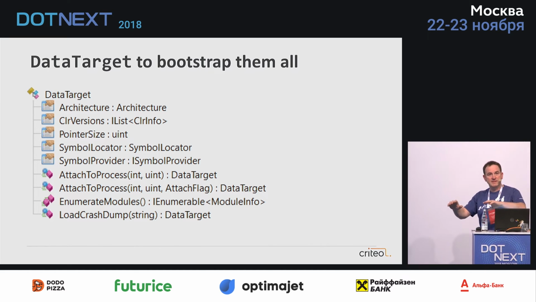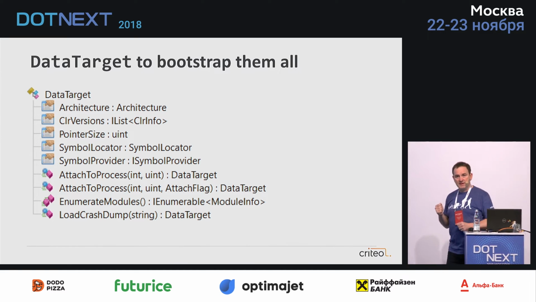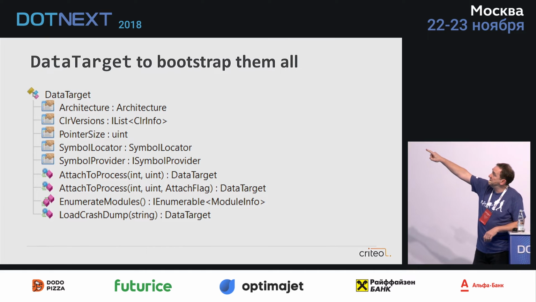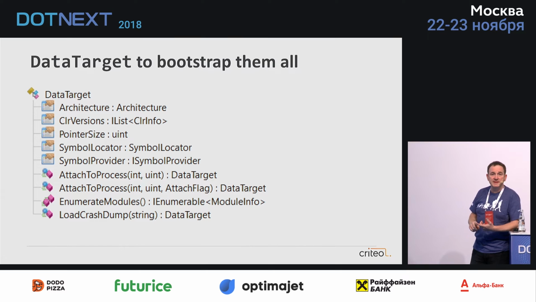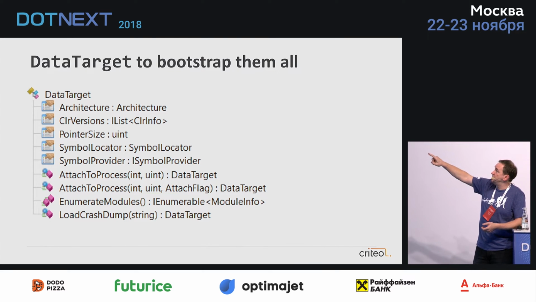So that's the basic. Once you have the data target, the first thing which is interesting is the architecture. Do you want to know if it's on AMD, x86, ARM? But the thing which is very important for you to remember right now is the pointer size.